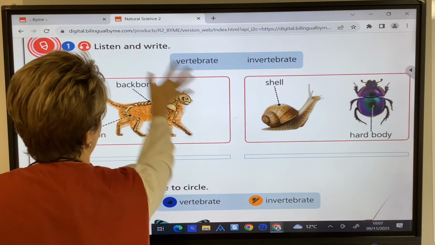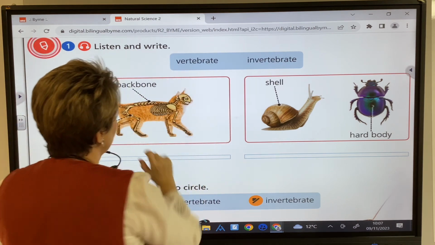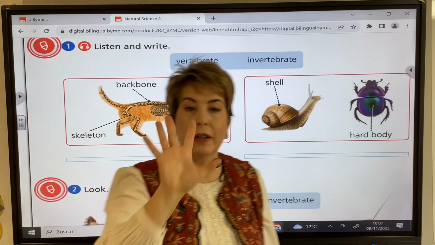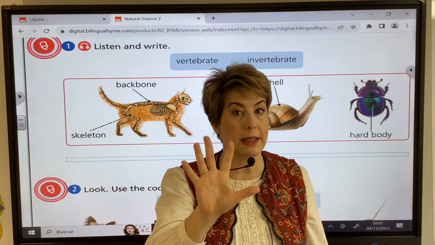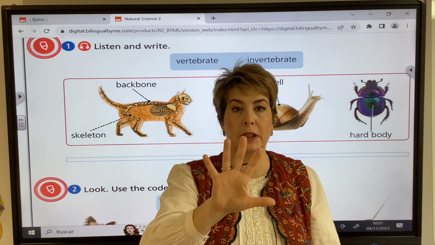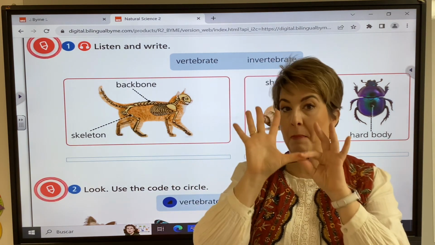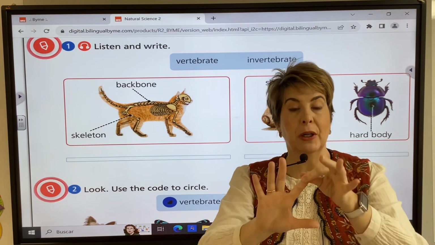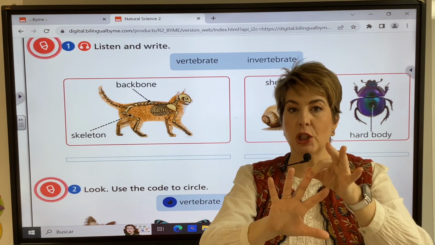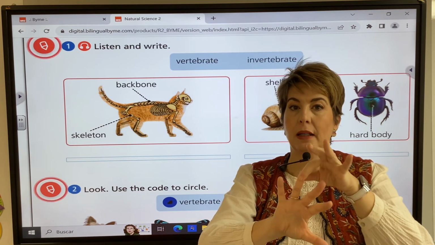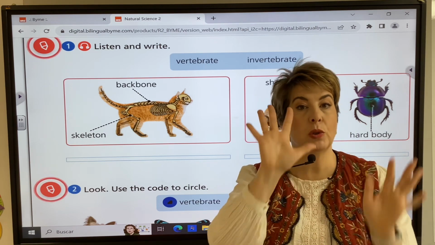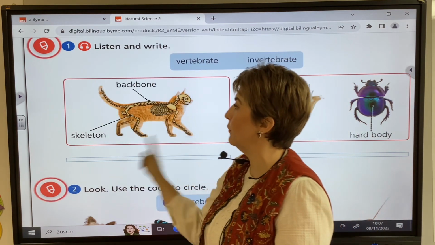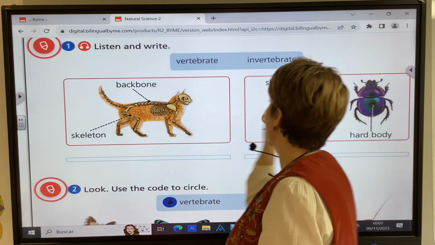Here we have invertebrate animals. We have 5 groups that we have studied, the 5 of them. Vertebrate animals with bones, we have mammals, birds, fish, reptiles, and amphibians. Those are the 5 groups of vertebrate animals.